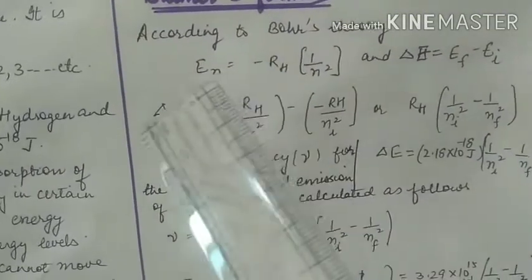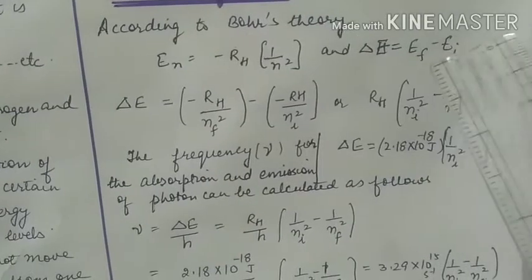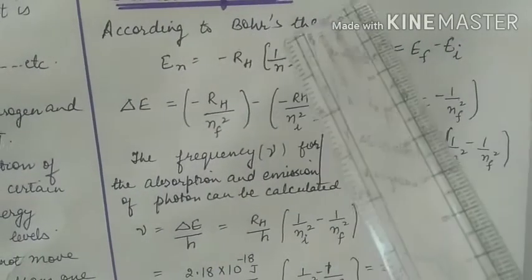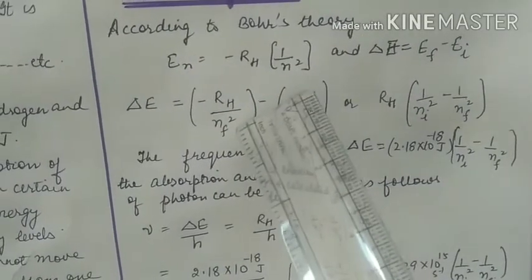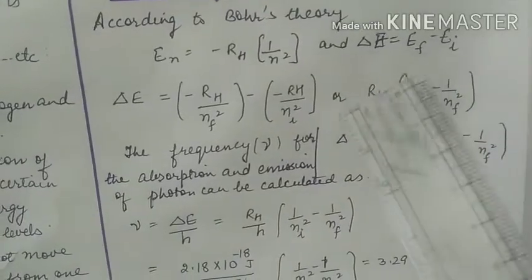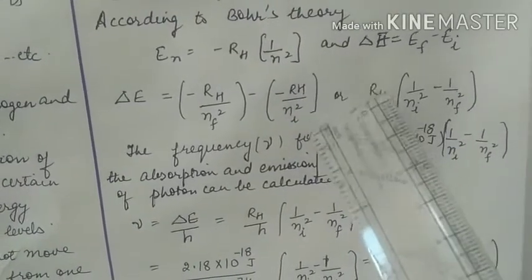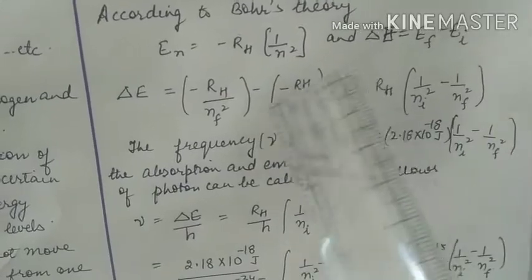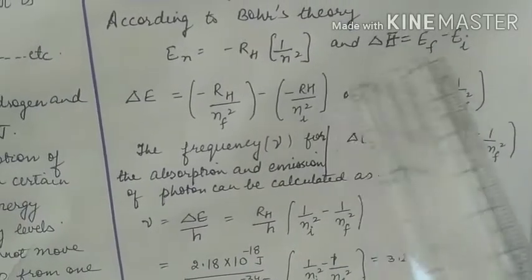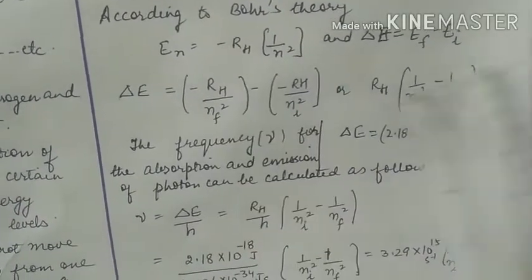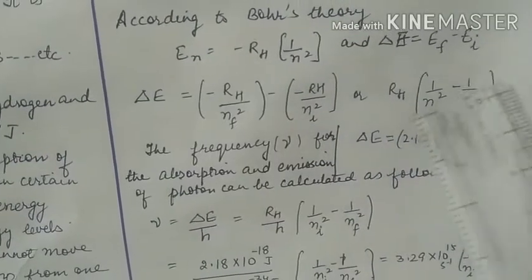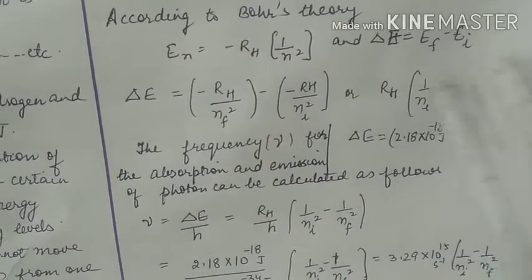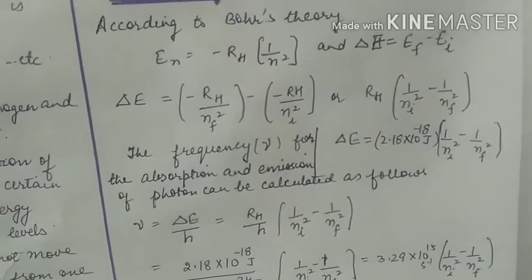So the change in energy will be, final state is minus RH into 1 upon nf square, minus initial state is minus RH upon ni square. So minus minus becomes plus. This term is positive, it will be written first. So you get delta E is equal to RH into 1 by ni square minus 1 by nf square.